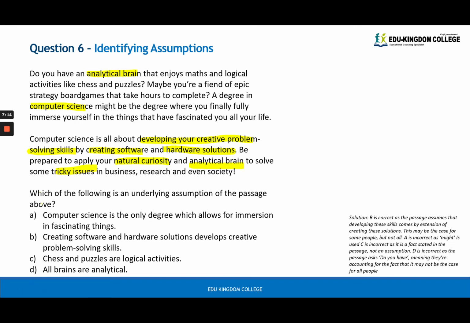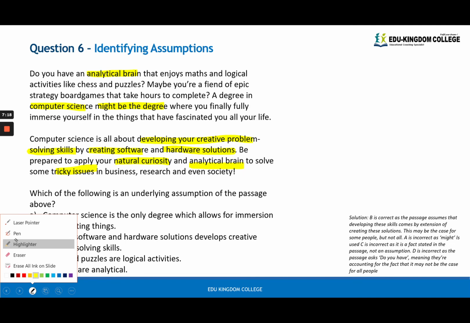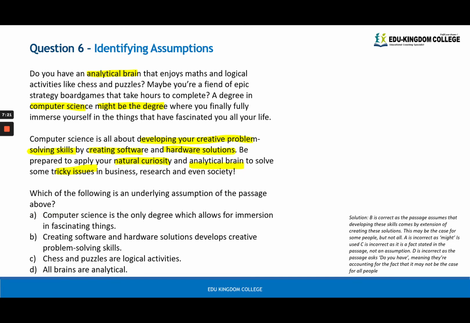Okay, so basically they have said that this enjoyment of logic and analytical brain and also natural curiosity can be fulfilled with computer science, right?